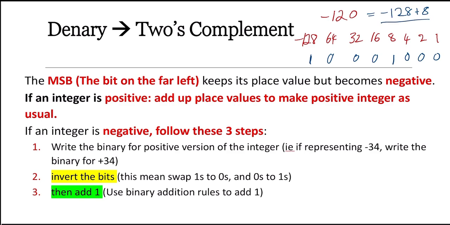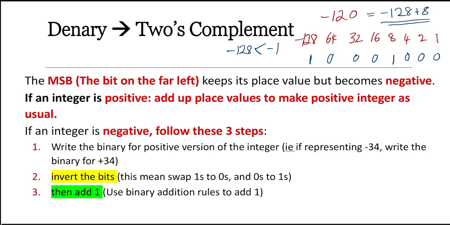And you can follow the same steps to make any other negative number between negative 128 and negative 1. I've got my greater than symbol the wrong way round there. So any number between negative 128 and negative 1 can be made using this method.